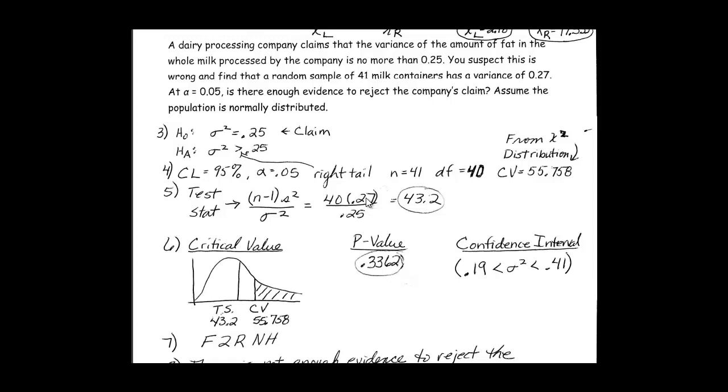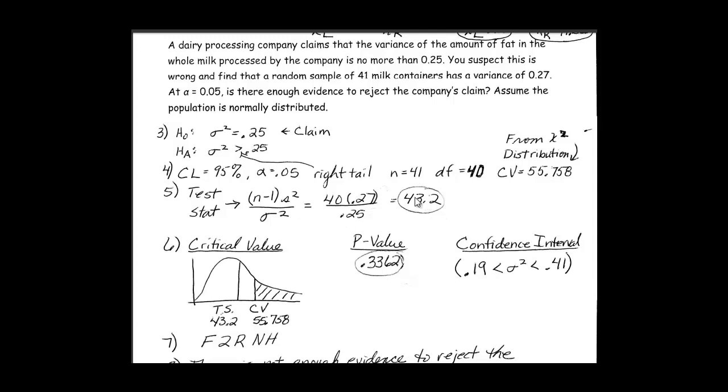Do not square these because they are already squared. Variance is automatically squared, so you don't have to square these. It's just that this is standard deviation squared, which is sample variance, and this is population variance. So we calculate that all out, and we get a test statistic of 43.2.